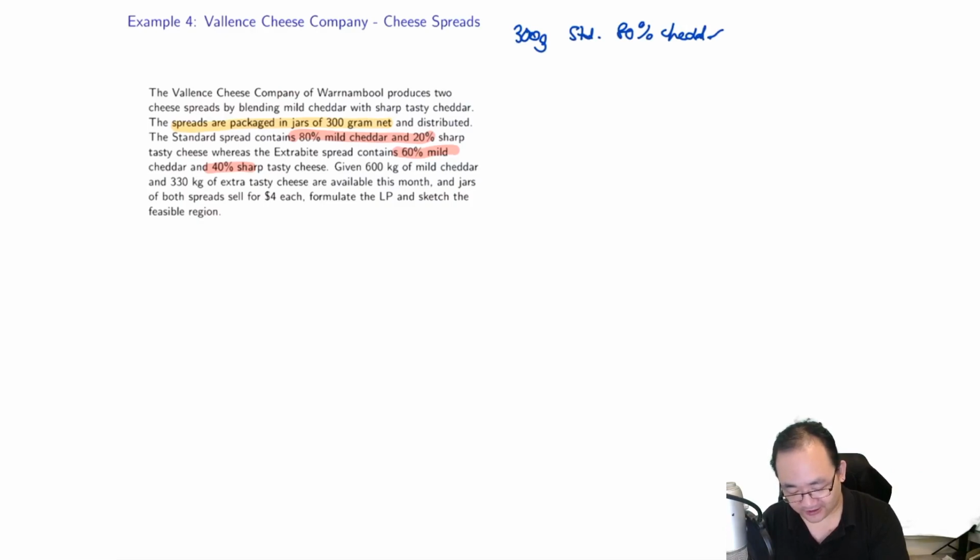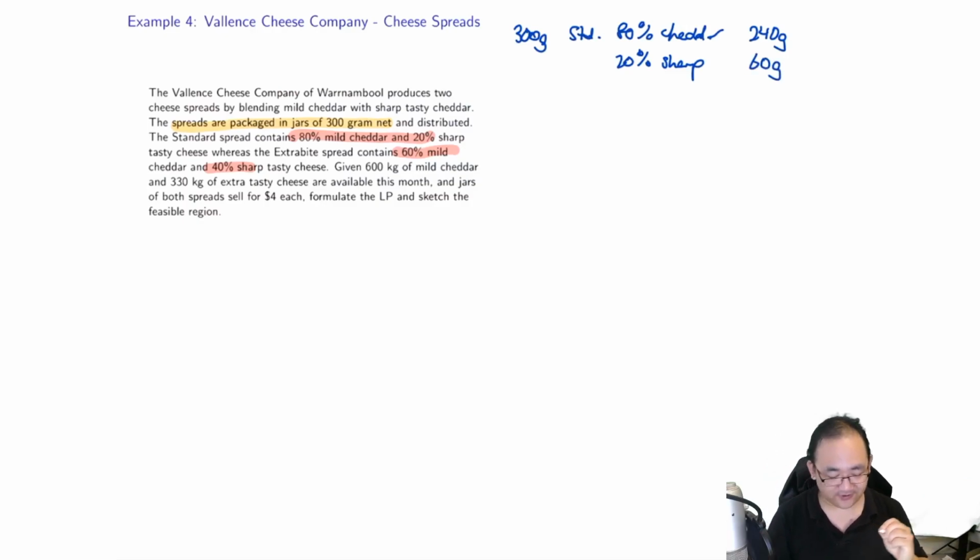So that's going to be 240 grams of cheddar, and then the other one is 20% sharp. So 20% of 300 grams is going to be 30 times 2, 60 grams of sharp tasty cheese, apologies.